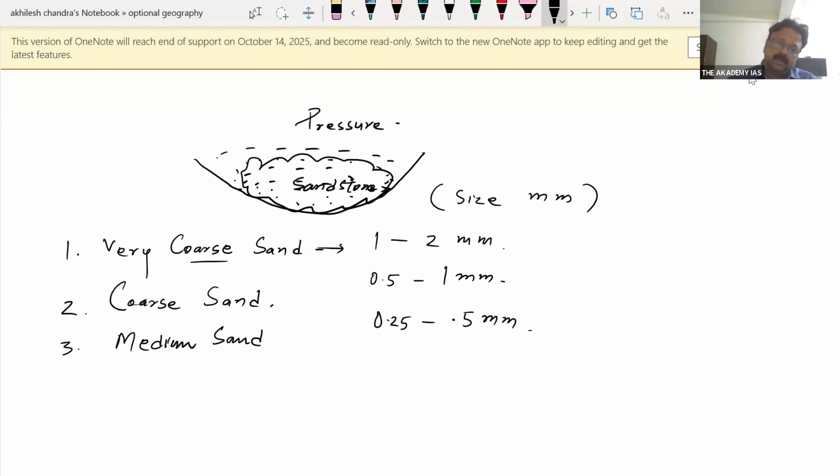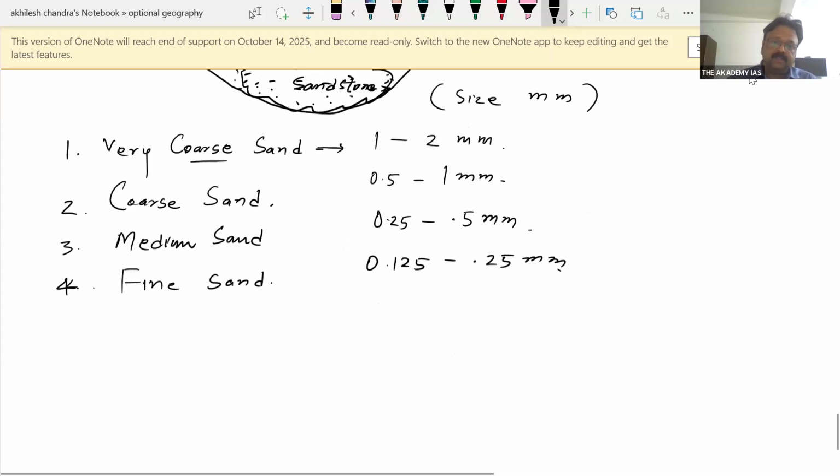The fourth is fine sand, 0.125 to 0.25 millimeter.